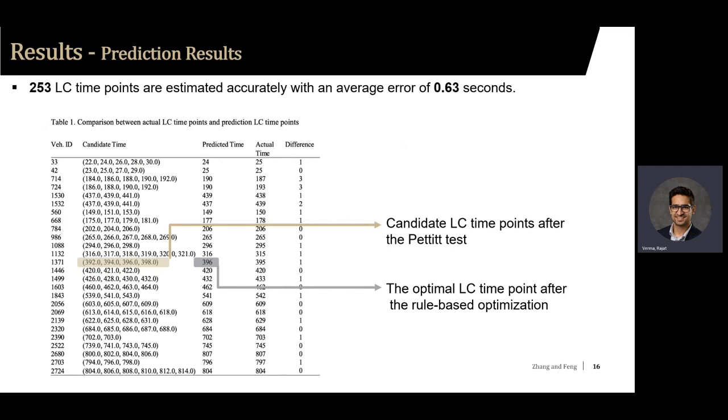This difference could show that all of them are predicted, and here I only listed after the Pettitt test; we have multiple lane change time points. I think the question is whether some lane changes are missed in your prediction, or whether something you predicted here is not a real lane change in the data set.